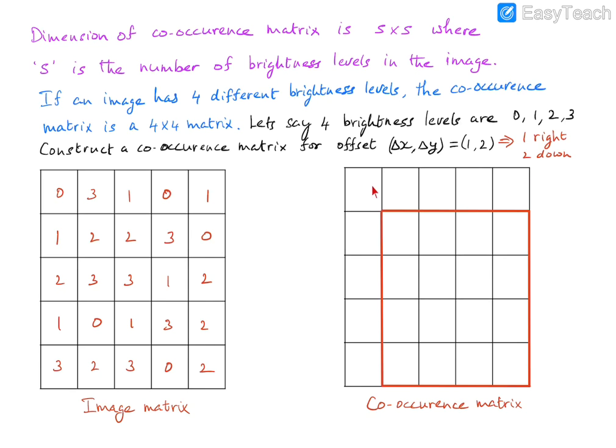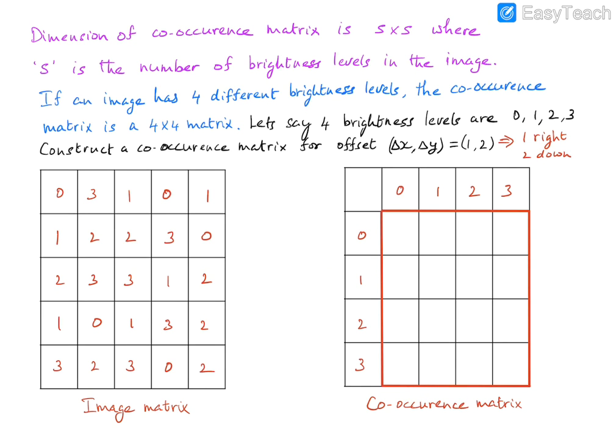The additional cells which I have here are for representing the pixel values. The 4 pixel values that we can have in our image are 0, 1, 2 and 3. So for computing the co-occurrence matrix, we will write those pixel values in these cells: 0, 1, 2, 3 here, and similarly 0, 1, 2, 3 here.